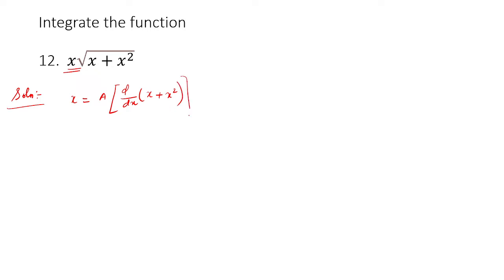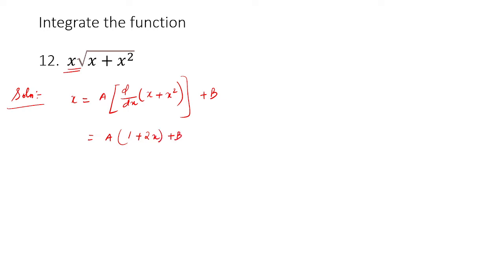Under the square root, this is the quadratic polynomial, so you have to consider that. Okay, this is a quadratic polynomial because it's of the form ax squared plus bx plus c. After this, you take A, then differentiate this. Differentiation of x is going to be 1, and differentiation of x squared is going to be 2x plus b.